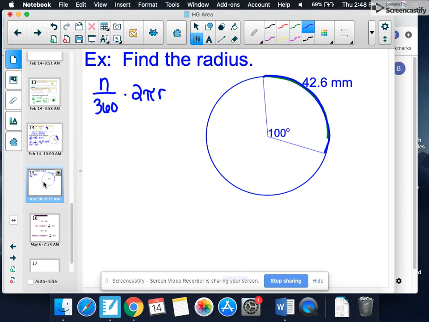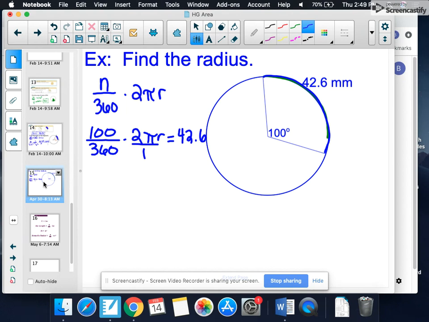Again, I'm going to take n, so that's my degree, 100 over 360 times 2 pi r, and that's going to equal my arc length, because that's what they give you, so 42.6. From there, I'm going to simplify this. On the top here, I get 200 pi r over 360.